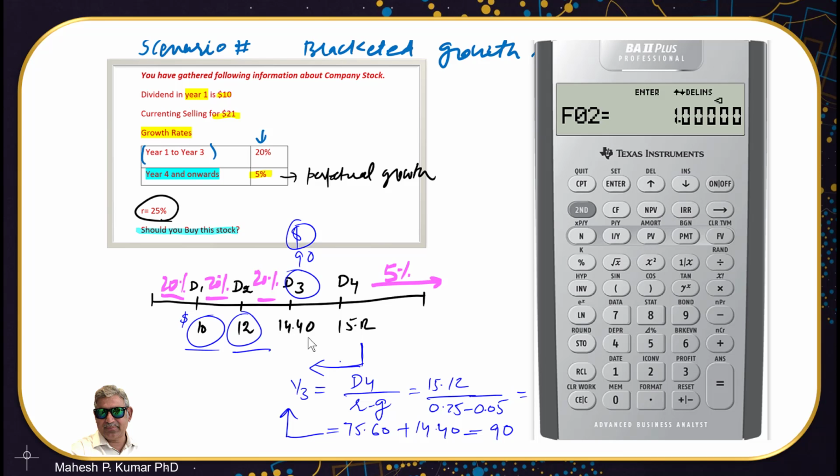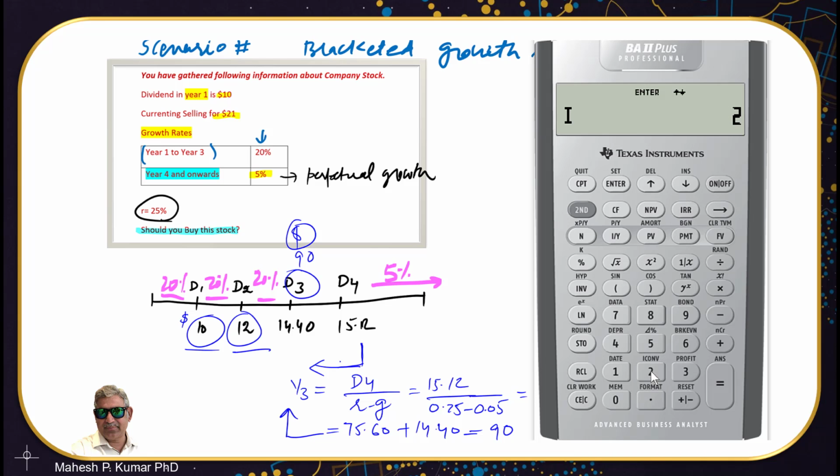The cash flow for the third year is the dividend of $14.40 plus the value of this share at year 3, which totaled 90, so enter 90, enter, go down, and then we hit NPV, because we want to calculate the net present value of all these 3 cash flows.